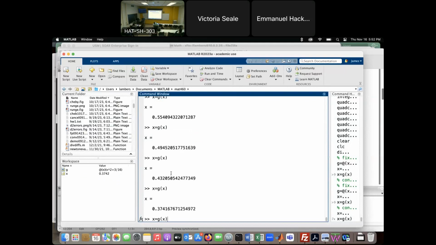If I keep going, eventually I'll just end up at 0.25 again. So it still converges to 1/4, even though the guess was closer to 3/4.